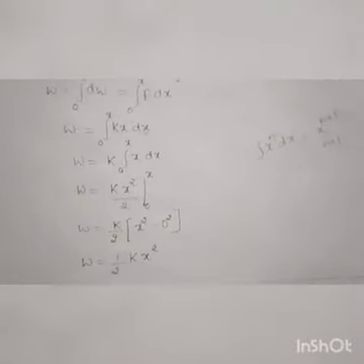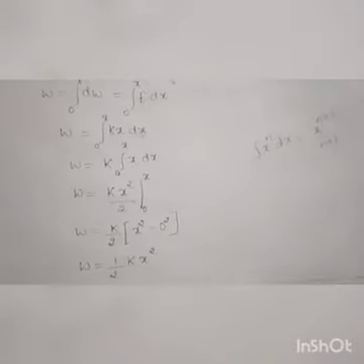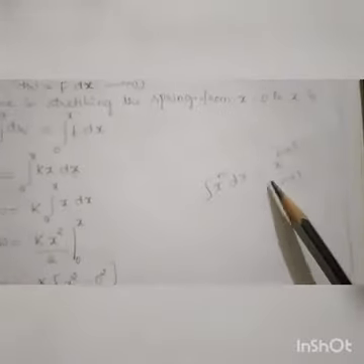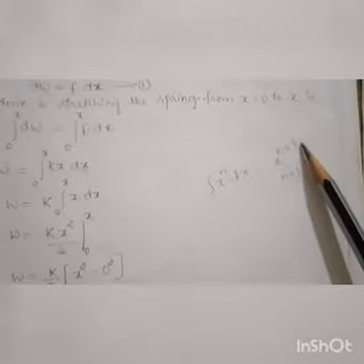Here the main concept of integration is the formulas. For this type of equation, the basic formula is the integral of x power n dx equals x power n plus 1 divided by n plus 1.